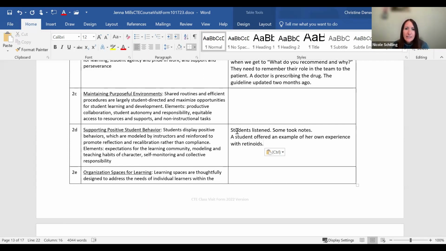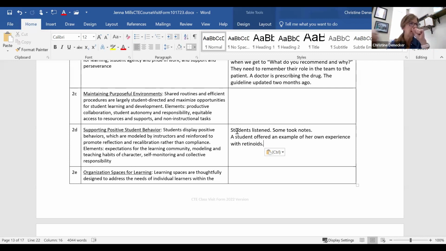So here's how I read 2C, shared routines and so on. For instance, if I'm in a classroom where they take attendance in a particular way that doesn't disrupt the time of class. I could take attendance by calling off everybody's name, but then I'd lose 5 minutes of instruction, right?